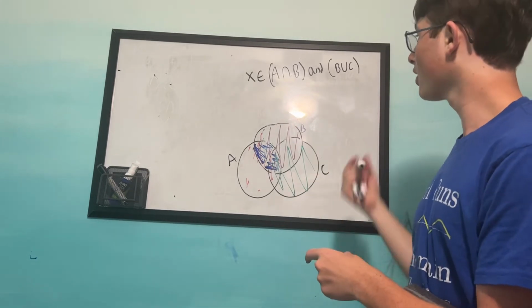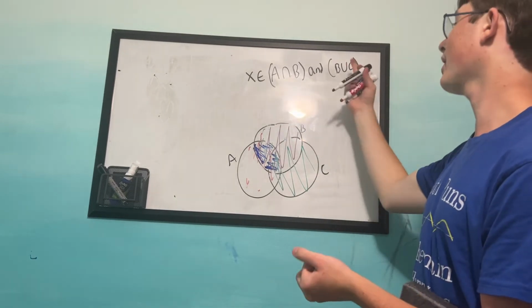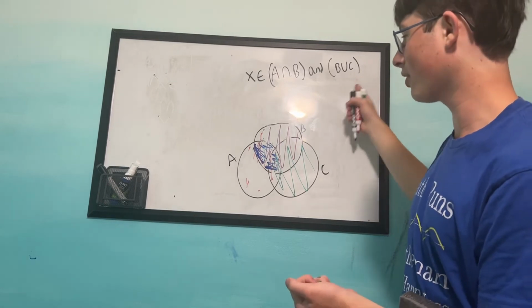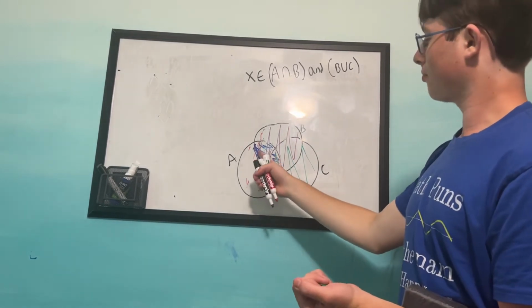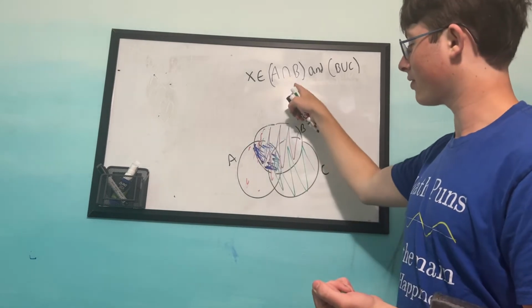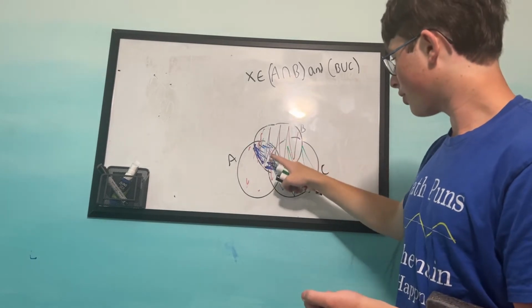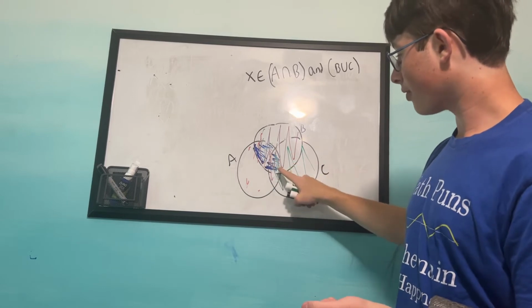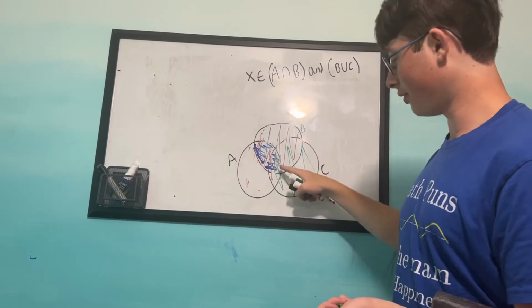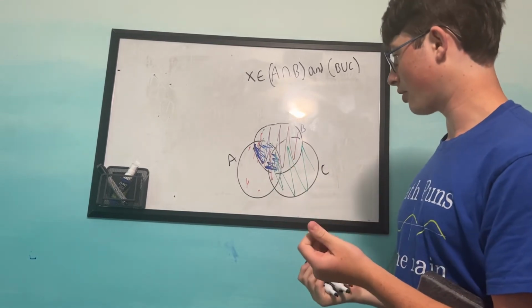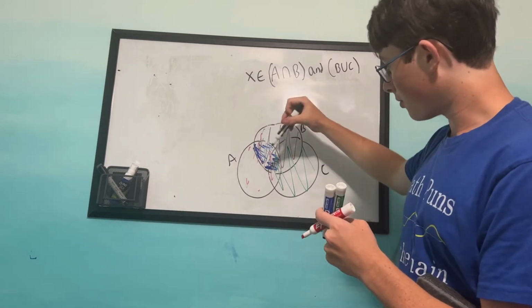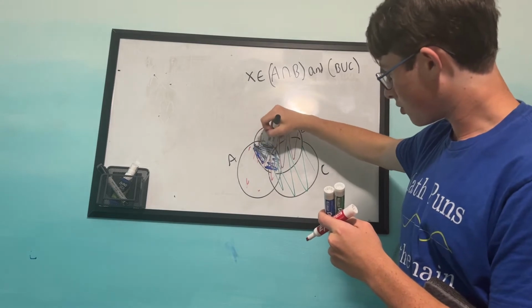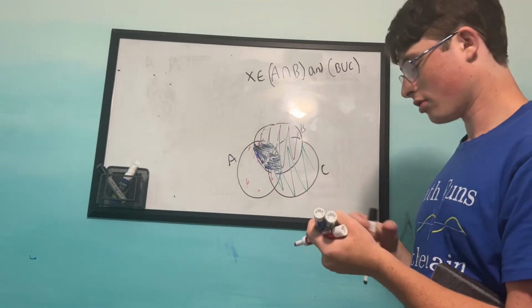So we have to figure out, does it have to be in the intersection of A and B, and it has to be in B or C, so all this red or green area. You can figure out that the blue part, which represents this, falls under the red throughout all of it, and it falls in the green here, so it's always going to be under the union, so we can state that this whole chunk falls into that.